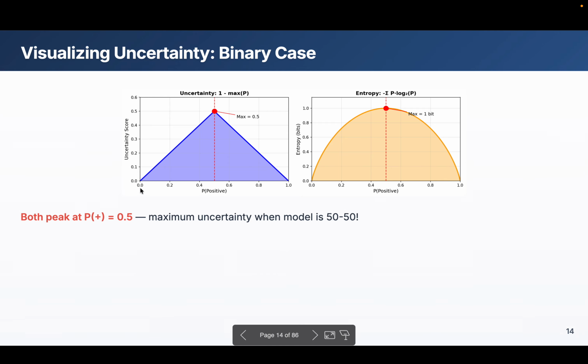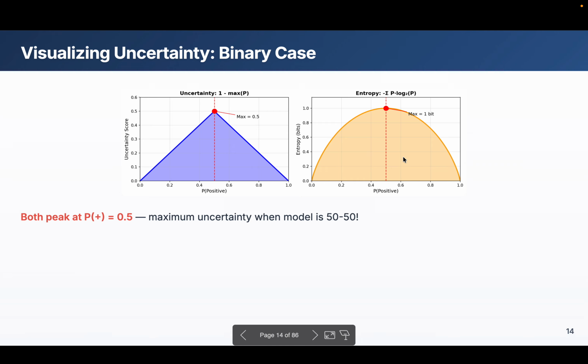At the leftmost point, the probability of positive is 0 and negative is 1, so the uncertainty score, 1 minus the highest class probability, is 1 minus 1, which is 0. Similarly, when positive probability is 1 and negative is 0, the most probable class has probability 1, so the uncertainty score is 0. It is at probability of positive equal to probability of negative equal to 0.5 where you have the maximum uncertainty. The shape of this curve is linear, a triangle.